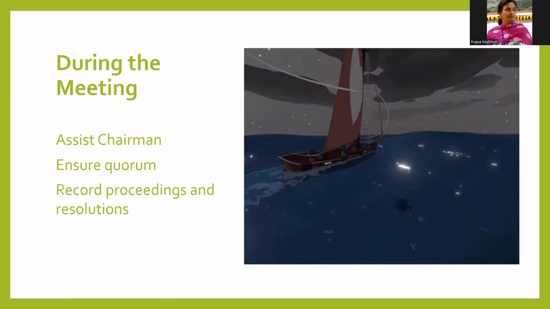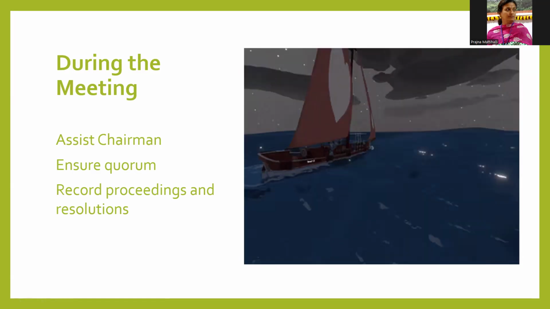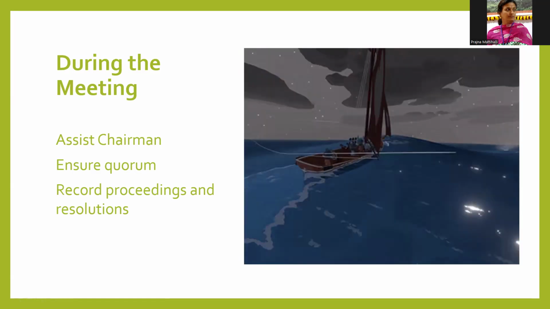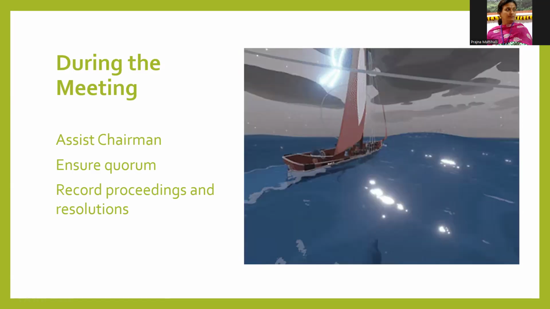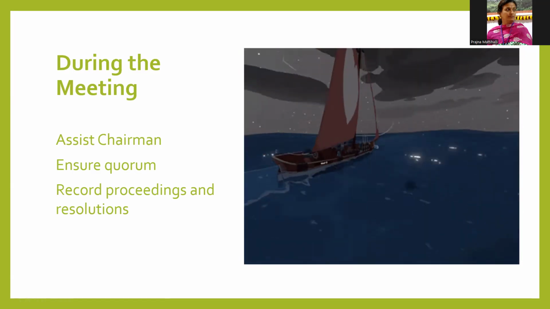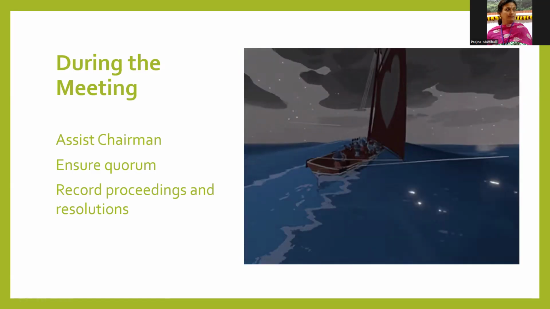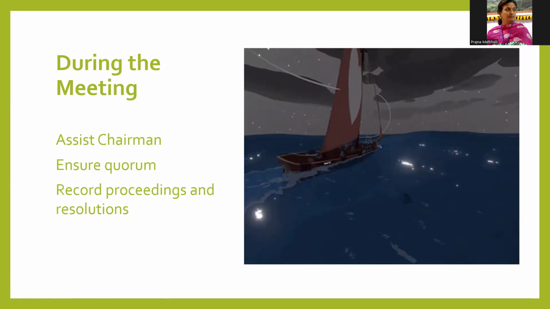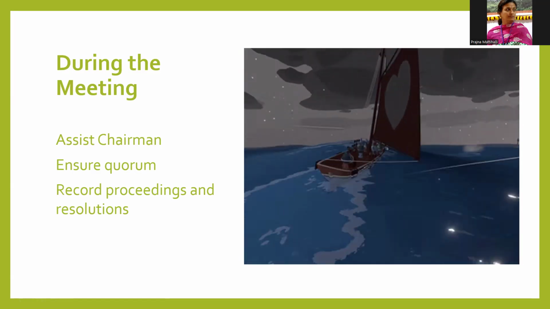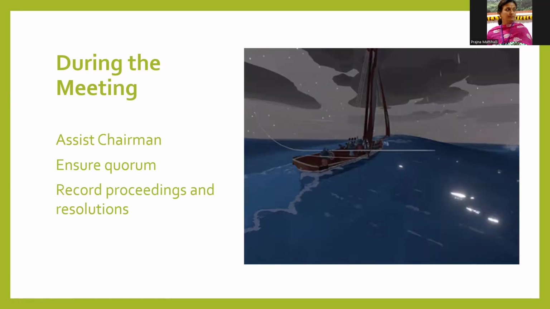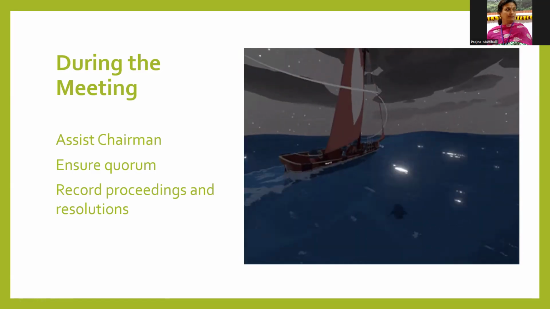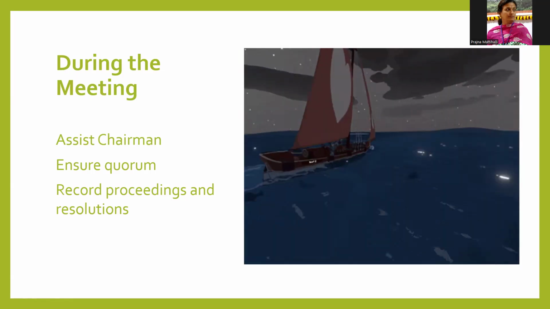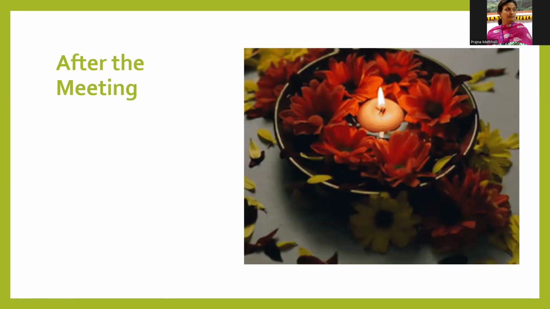He should count them, he should record it. Then, what is the quorum of the meeting? He should decide whether it is there or not. If the quorum is not there, meeting is to be adjourned. And after the adjournment time, the meeting is to be conducted. And the secretary should record proceedings and resolutions. He should write down everything.